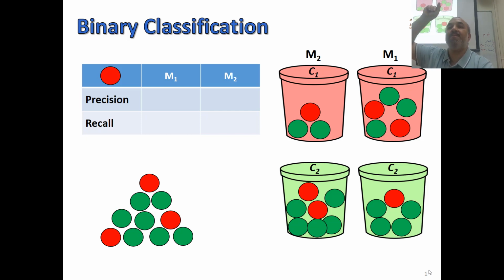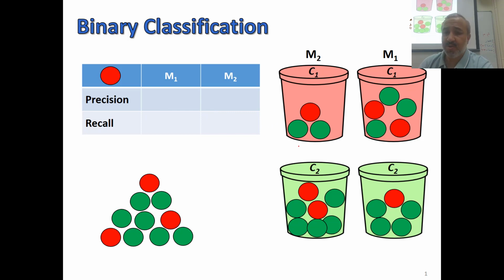How many positive are correctly predicted? Always the numerator in both cases are the same. The denominator in precision, we are looking at what the model predicted as positive. In the recall, we are looking at what is actually positive. Okay. Quickly, just to test your understanding, let's do this example together.